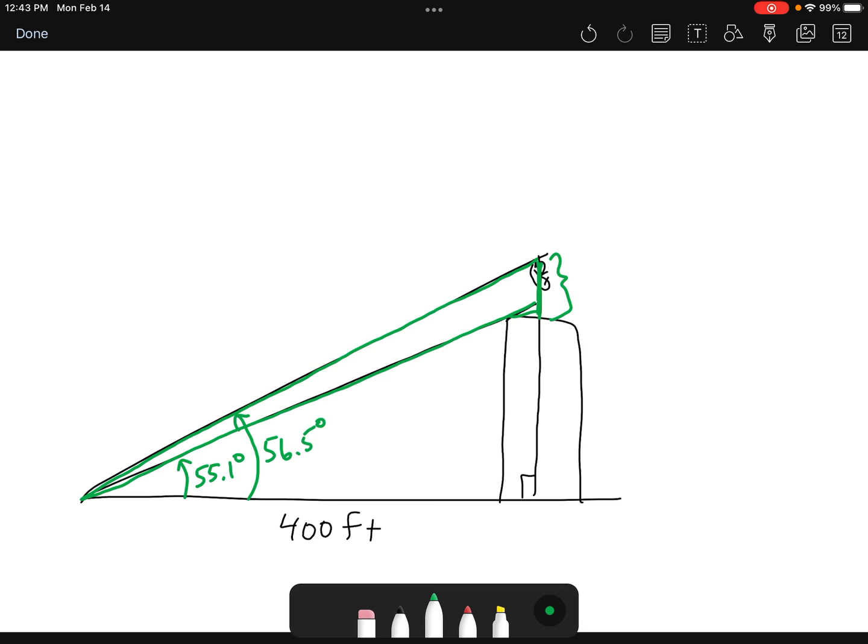Well, if I can find this, we'll call it X, and I can find that, we'll call it Y, and then I'll find that Z by taking Y minus X. That will give me Z, won't it? The whole thing minus the building will give me the statue.